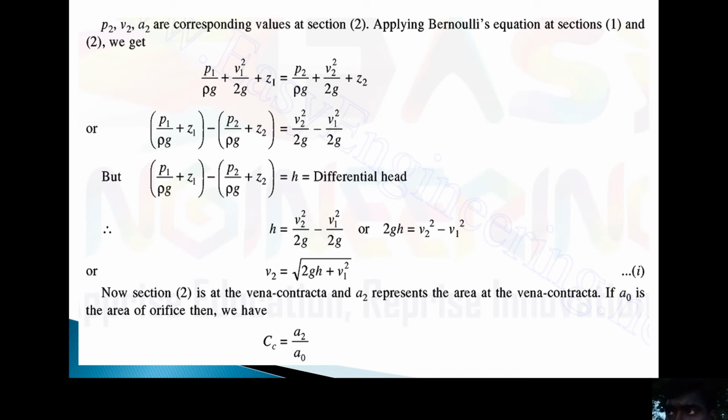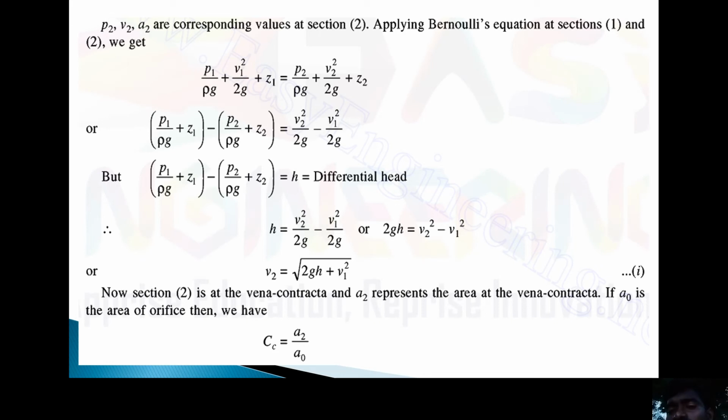In this orifice meter, the Bernoulli equation is applied between section 1 and section 2. The Bernoulli equation is P1 by rho g plus V1 square by 2g plus Z1 equal to P2 by rho g plus V2 square by 2g plus Z2.